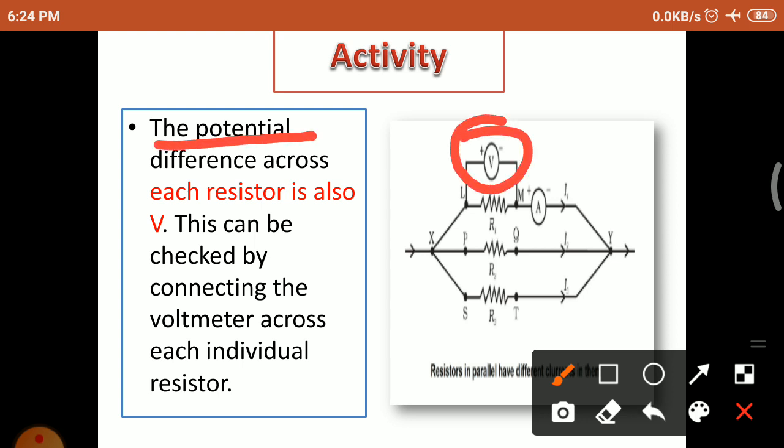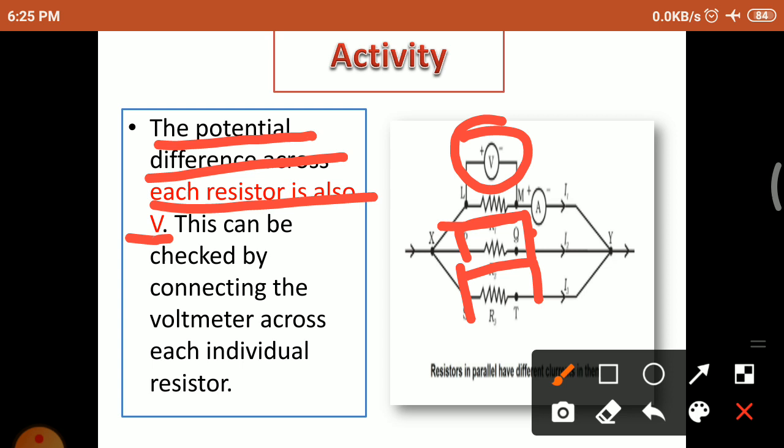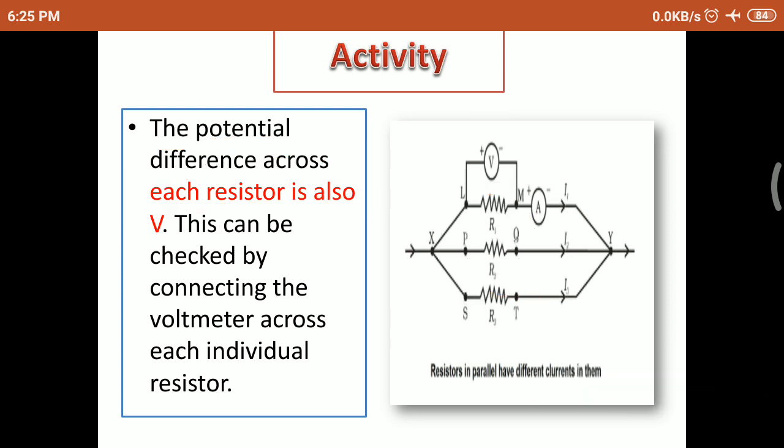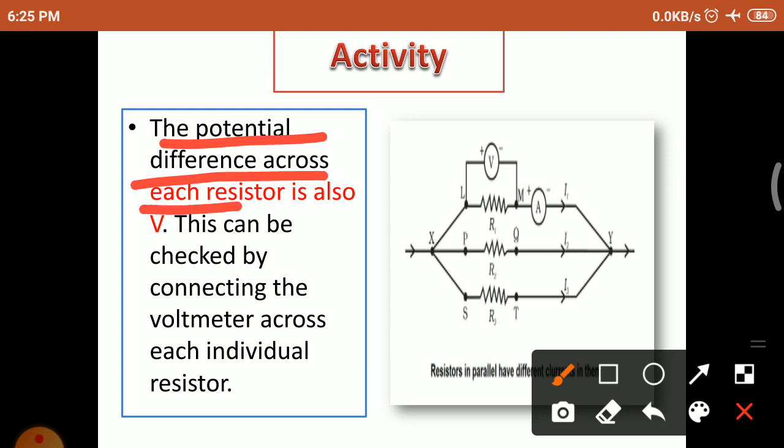This can be checked by connecting the voltmeter across each individual resistor. I connect the voltmeter first between the R1 resistor, then between the R2 resistor, then between the R3 resistor. The result is the same in all three resistors. So in parallel combination, the potential difference across each resistor is the same.